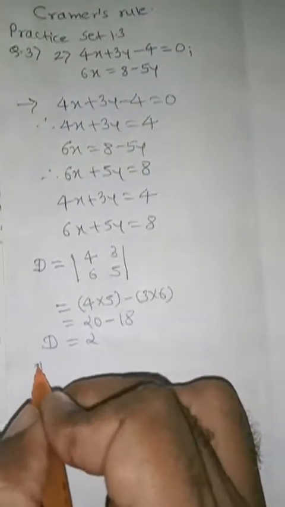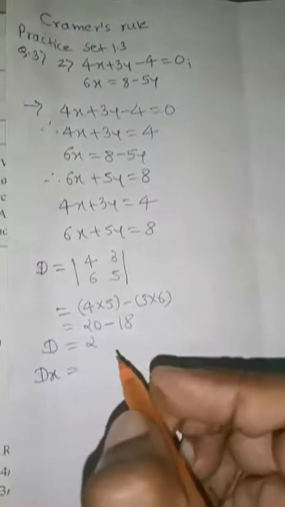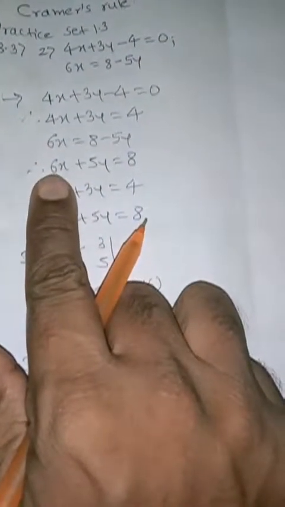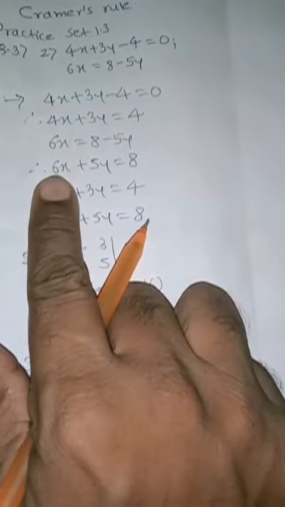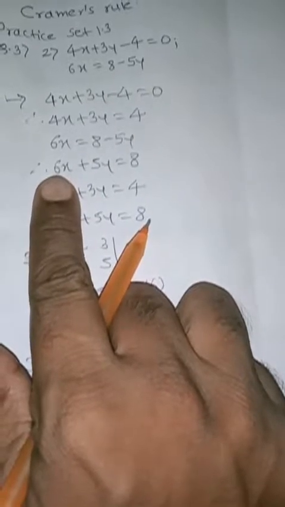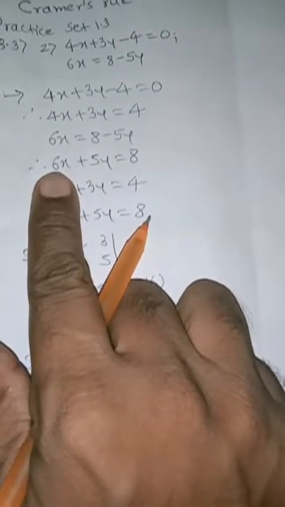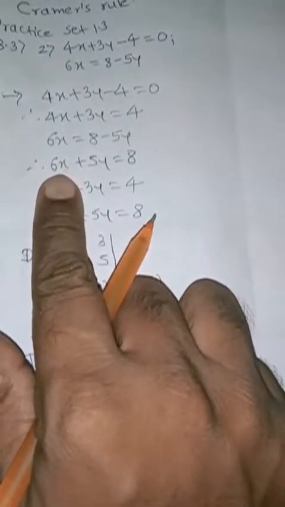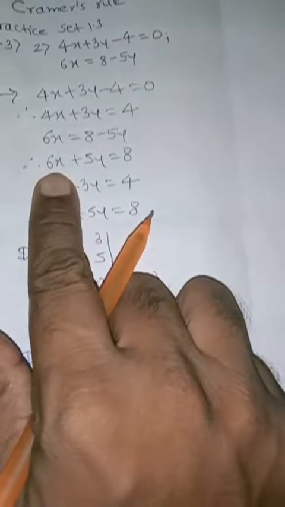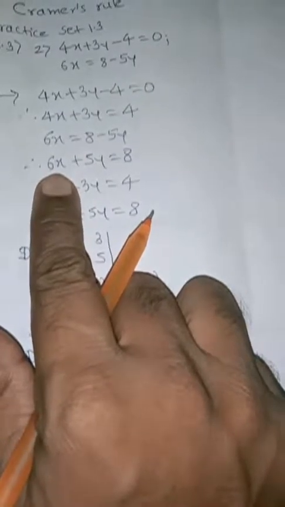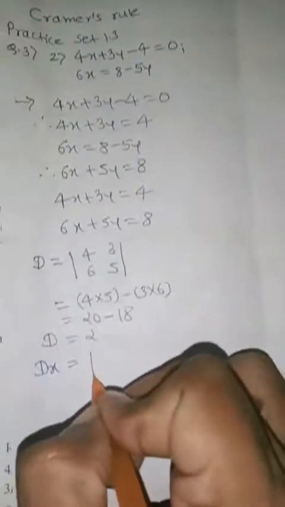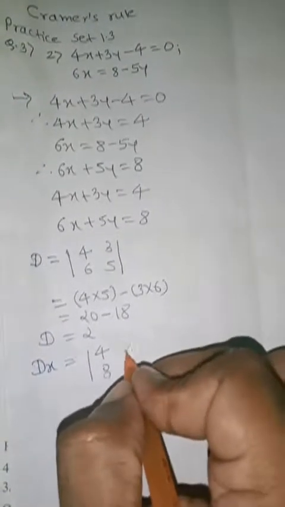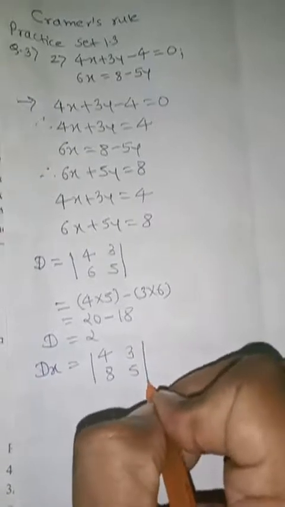Next we have to find the value of determinant Dx. For that, put the finger on x and write down the coefficients of the remaining y and this c. Here we put the finger on x. In the first place we add the value of c, that is 4, 8, and the remaining value of y is 3, 5.